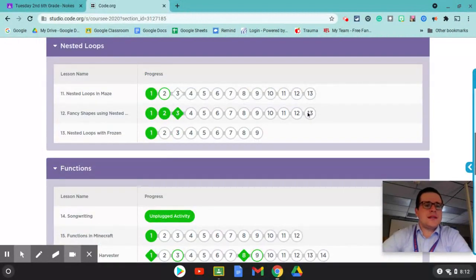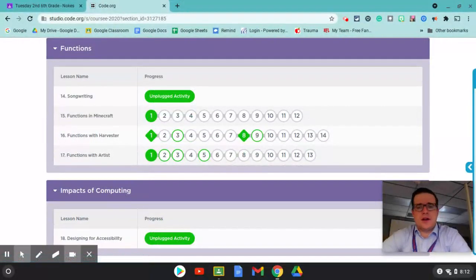to lesson 17. This is on code.org. A couple weeks ago, we already did bubbles 1 through 7. Remember, this was a long lesson, so we decided we're going to split this up into two parts. Part 1 was a couple weeks ago, and that was 1 through 7.